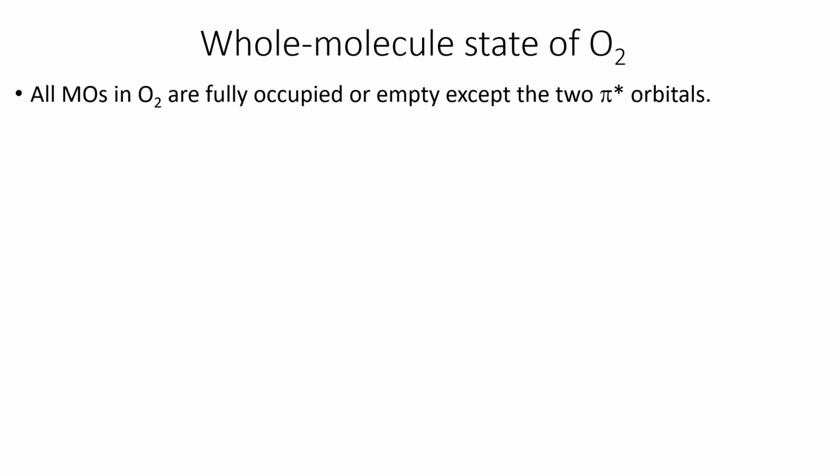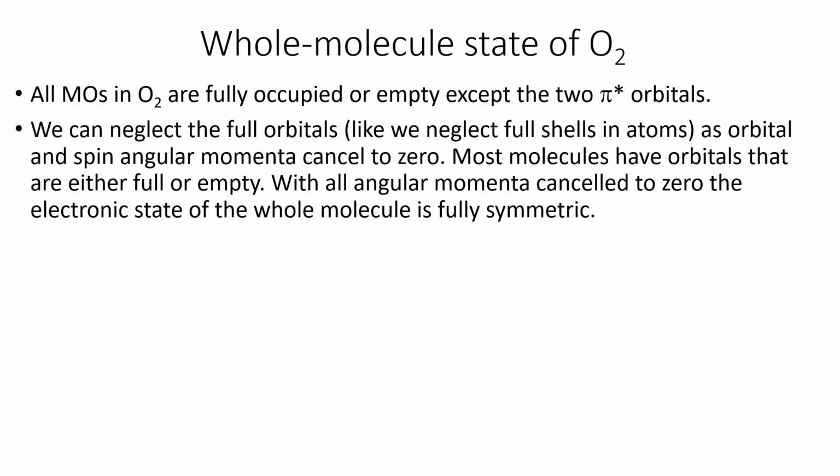And so what we're going to look at now, we're going to consider the whole molecule state of oxygen. So rather than just looking at individual orbitals and how they're occupied, considering the molecule as a whole. And so apart from those top two pi star orbitals, all the orbitals in the oxygen molecule are either completely full or completely empty. And actually this is the normal state of affairs in molecules.